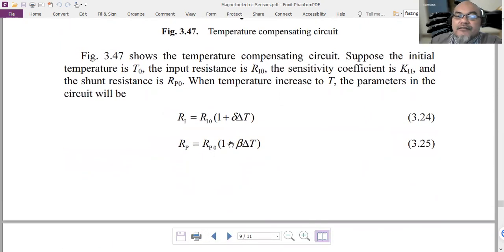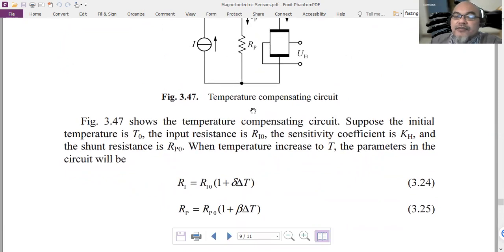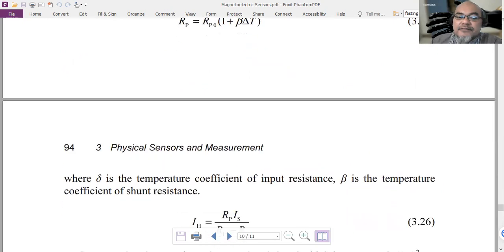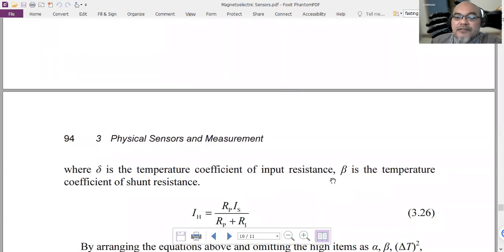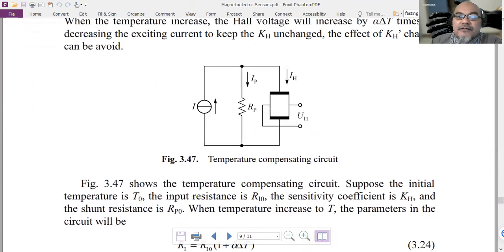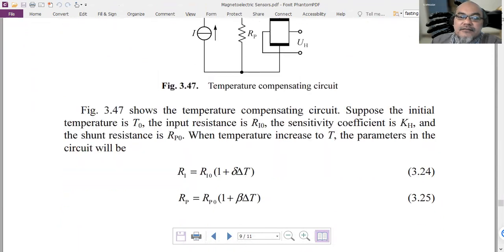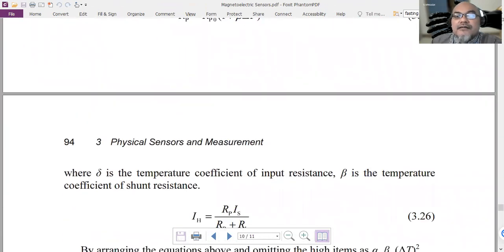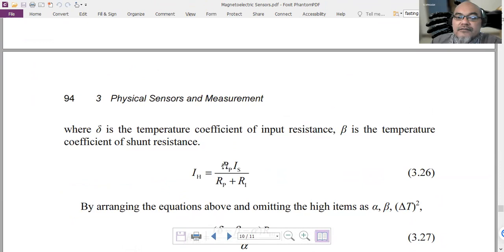Then Rp will need to be adjusted as well, so that Rp equals Rp0 times 1 plus beta times delta T. So delta is the temperature coefficient of the input resistance, and beta is the temperature coefficient of the shunt resistance. The current IH flowing here you can calculate using the current divider formula, Rp divided by Rp plus Ri, multiplied by the current source.